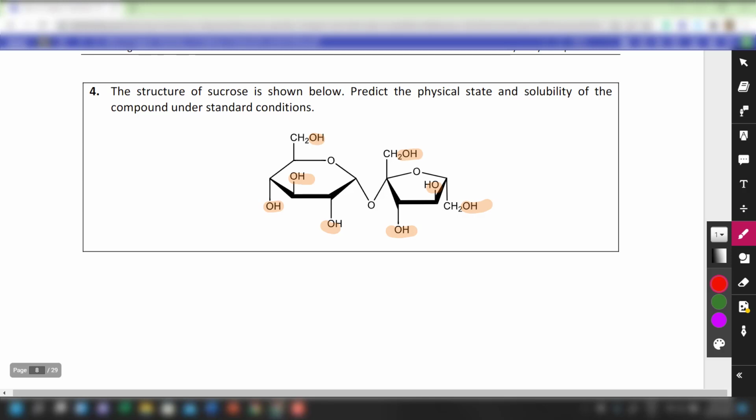Therefore I expect the heat in the surroundings at room temperature will not be significant enough to overcome the hydrogen bonds between sucrose molecules. So I expect it to remain as a solid. And for the solubility in water, I have given my thoughts on that. Many OH groups, so definitely the probability of forming extensive hydrogen bonds in water is very high.